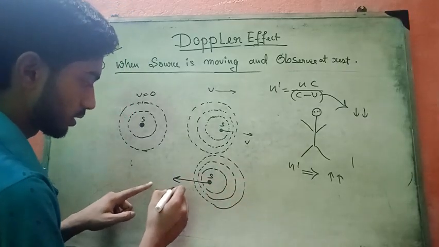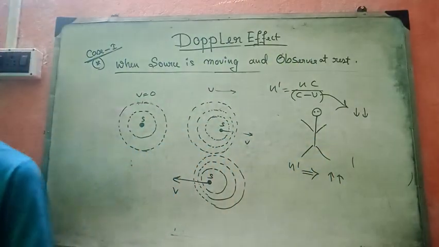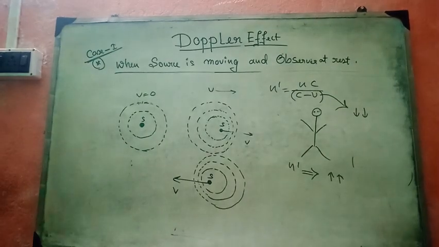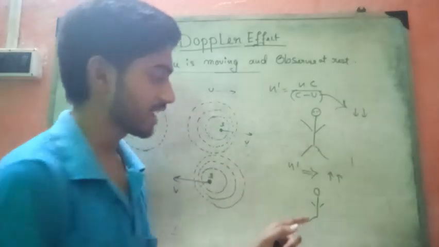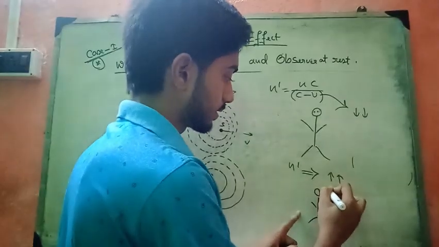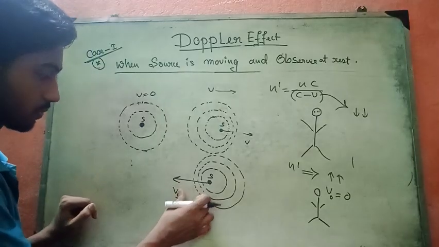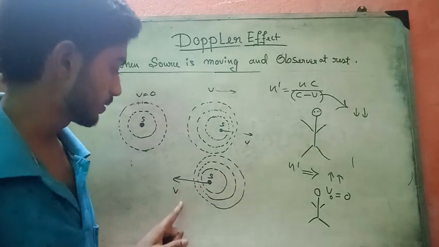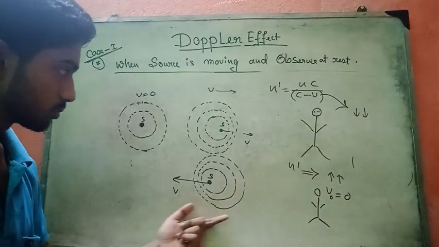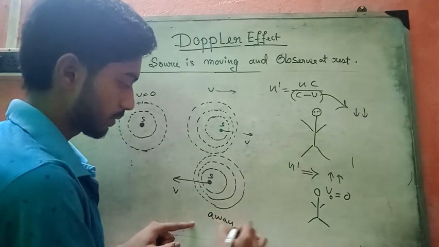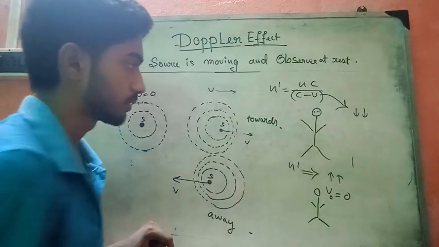So here the source is moving away from the observer. And here is our observer, so it is at rest. V of observer equals 0, and V of S is only V. So this is the V, the observer is at rest, and the source is moving away from the observer.